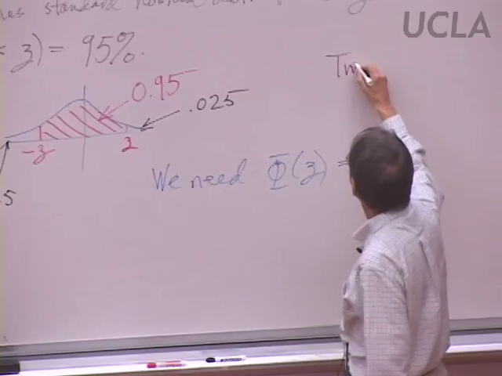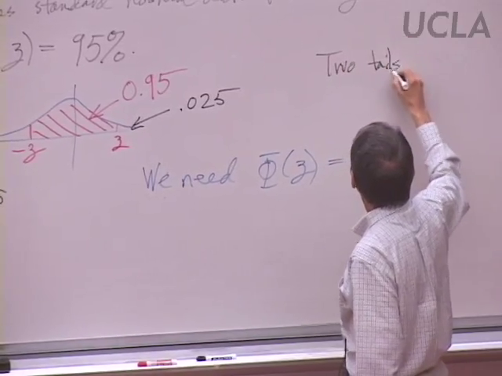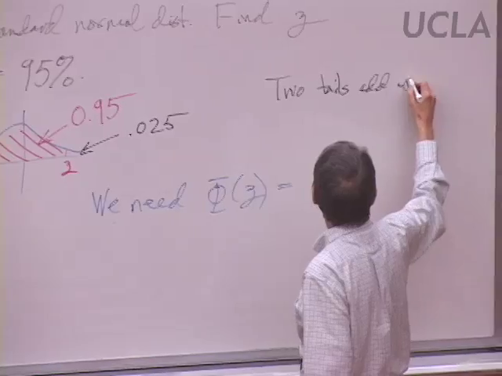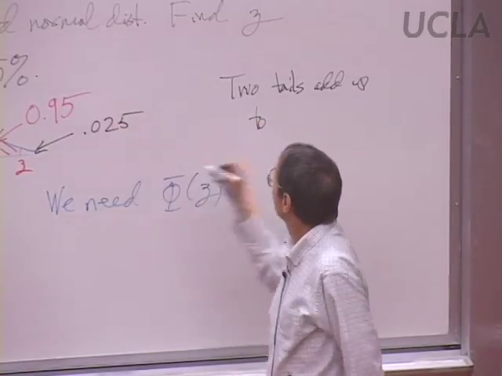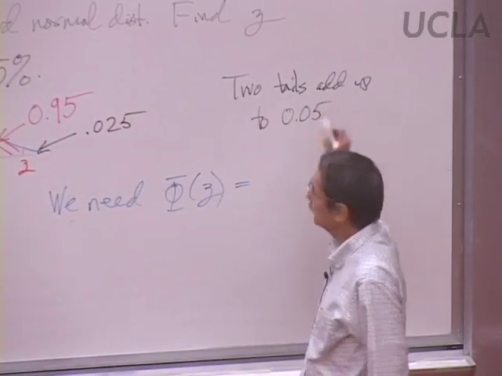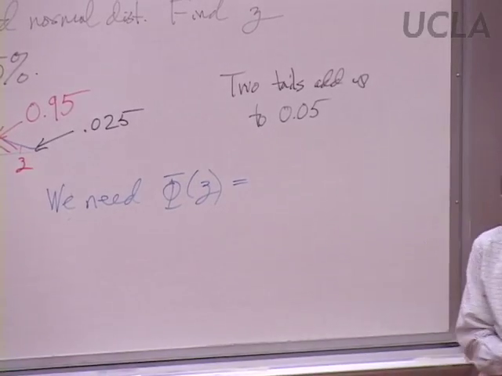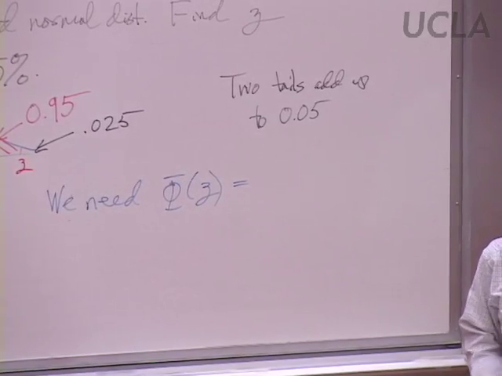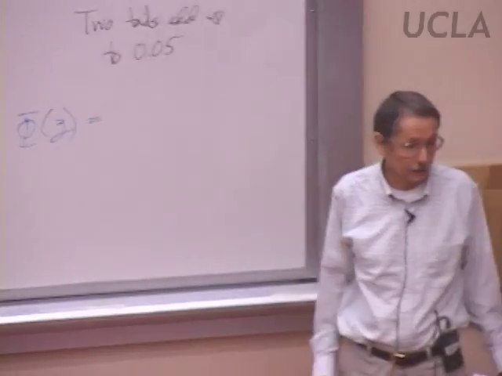Because the two tails together have to add up to the missing 5%, and because it's symmetric, it's 2.5% each.